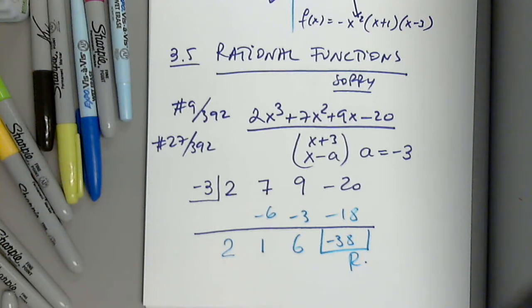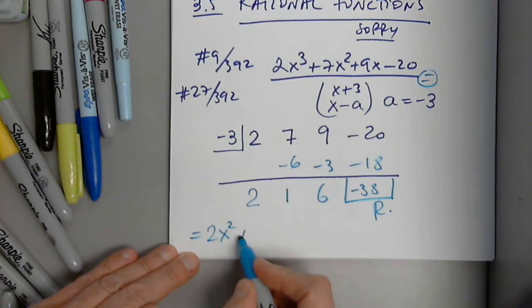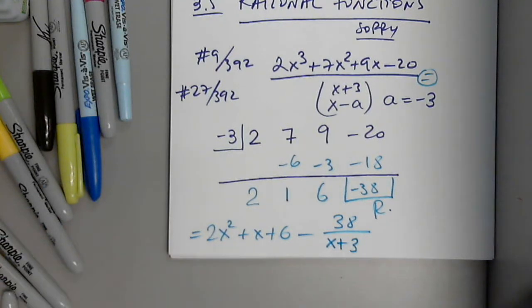So when we divide degree 3 by degree 1, we get degree 2. Awesome. So then the answer will be 2x squared plus x plus 6 minus 38 over x plus 3.